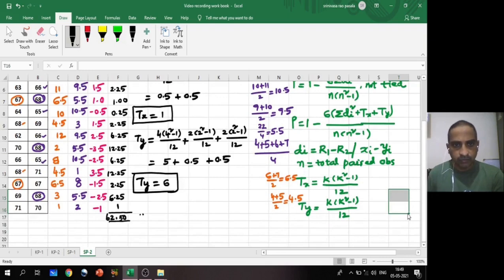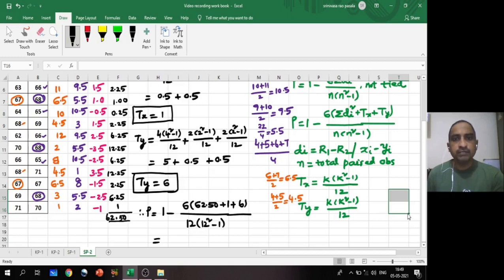Therefore rho equals 1 minus 6 times, sigma di square value is 62.50, plus tx value is 1, plus ty value is 6, divided by n, that is 12, times 12 square minus 1. Am I correct? Just simplify this one.